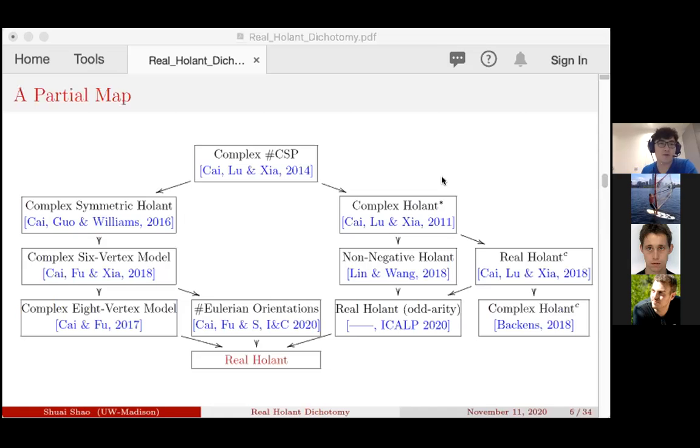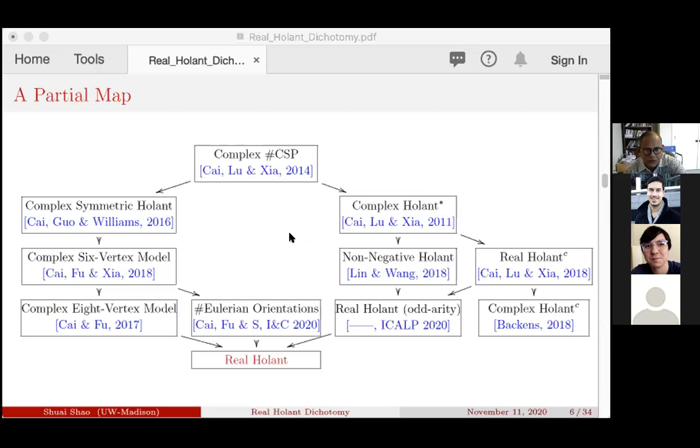Now here we give the following picture as a partial map for the classification program of Holant problems. So the starting point is the dichotomy for counting Boolean CSP. Roughly speaking, there are two directions from this dichotomy. One is to prove dichotomy results by assuming some actual signatures are available. So for example, Holant star, Holant C. There is also a class of Holant problems which is called Holant plus, where we assume four unary signatures.